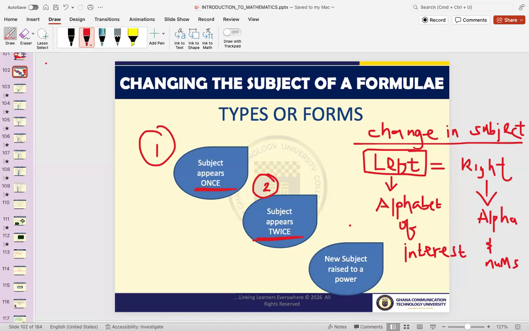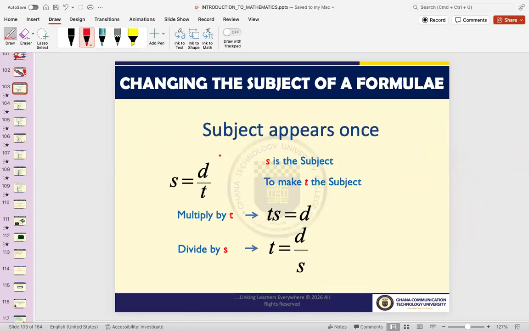And then finally, you can have another type where the alphabet of interest is raised to a certain power. Those ones look more difficult. So let's learn how to do all three if you come across them.